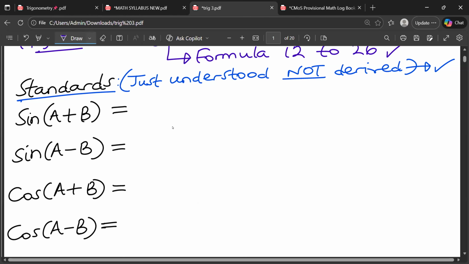When you're having sine, you will have sine and cos. Even this side, you're going to have sine and cos. First listen: if you're having sine, and in brackets you're having our angles, either added or subtracted, what have I said?